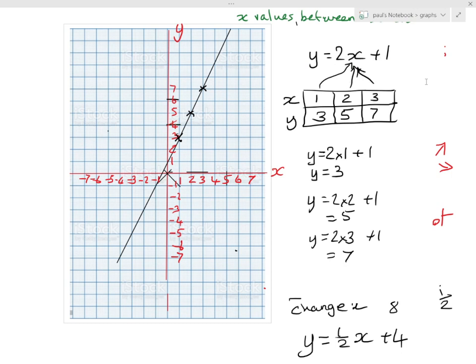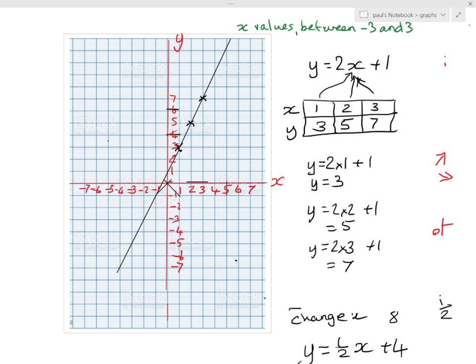And what this does, I'll come down a bit so I can actually see that, it gives you the end of the line. So you must not go further than -3 on the x, and you must not go further than 3 on the x. So it's between these 2 lines.